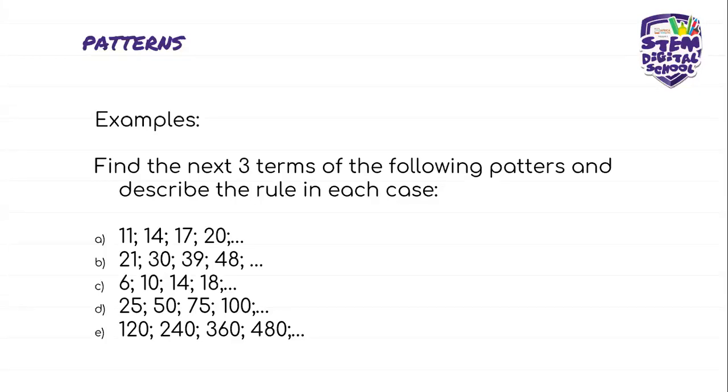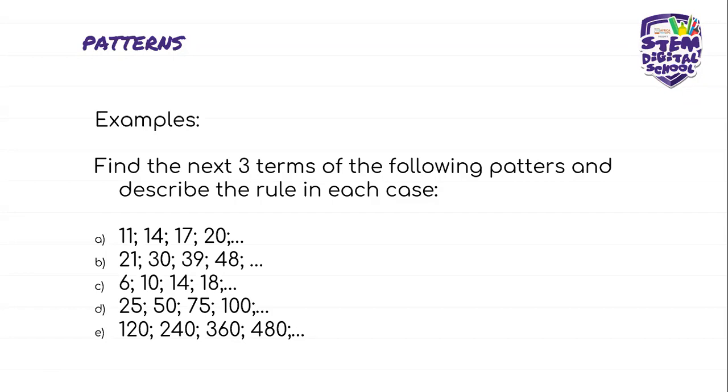The most important thing is to identify the rule. If you can't do it by inspection, you can just subtract the previous term from the next term. That's how you get the rule. To get 120, you can subtract 120 from 240, and you'll see that the answer would be 120.